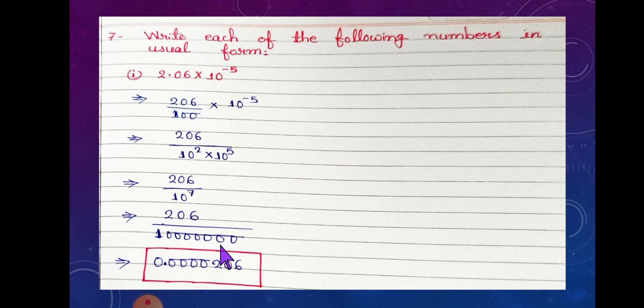Then we need 7 digits after the decimal, but there are only 3 digits in 206, so for the remaining 4 digits we will insert 0 before 206.